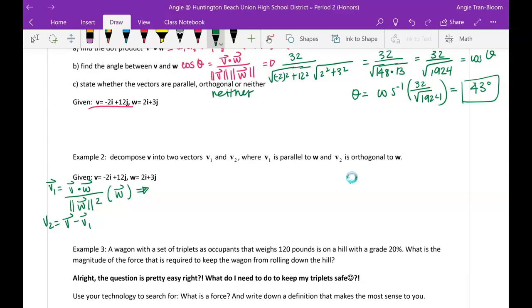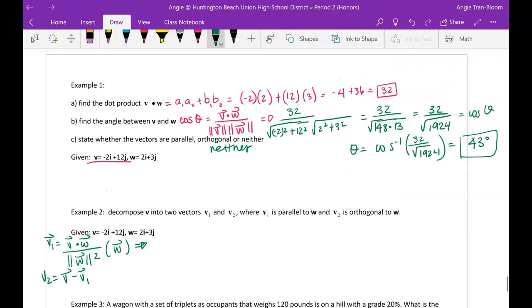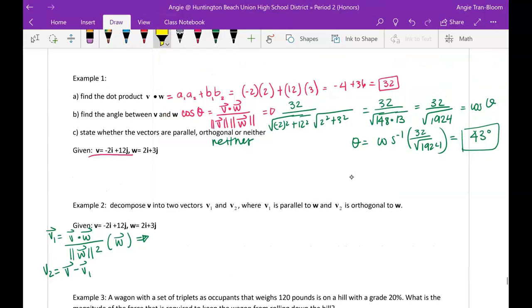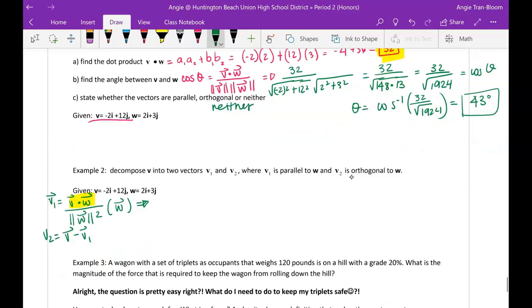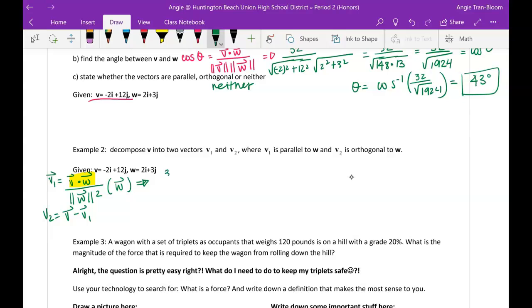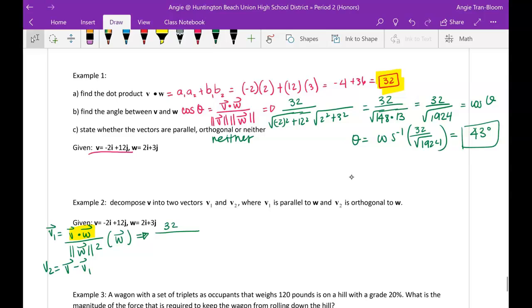The dot product of V and W, we found that earlier from the step above, so that kind of saved me some time. So right away, I can just go and write 32 all over. The magnitude of W, we found that earlier as well. We knew that was square root of 13, but I need to square that.